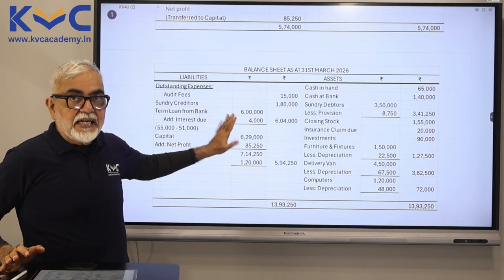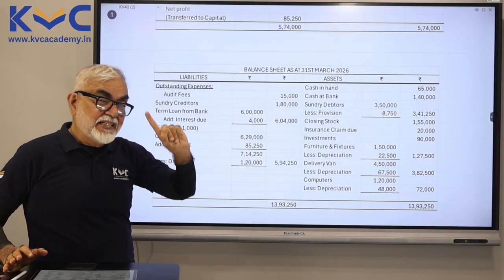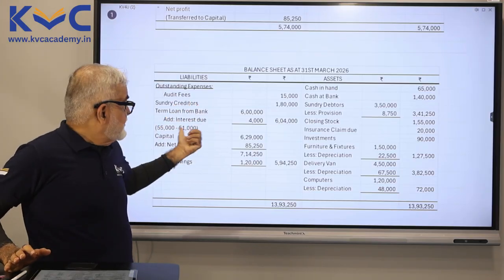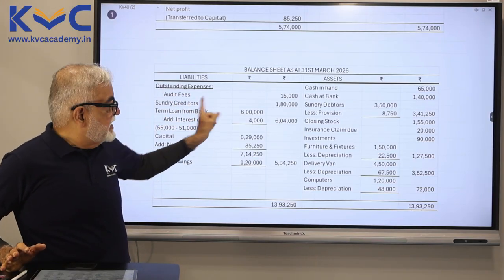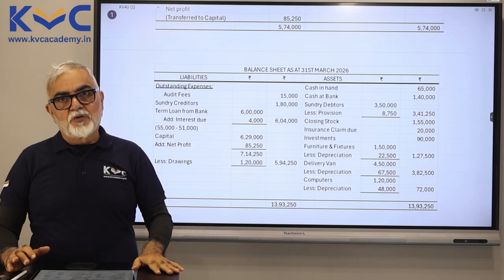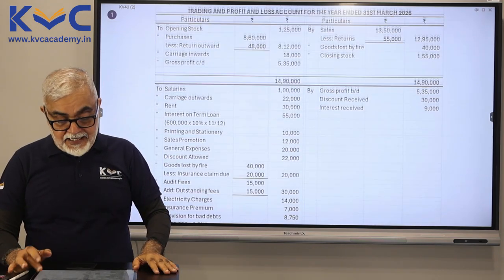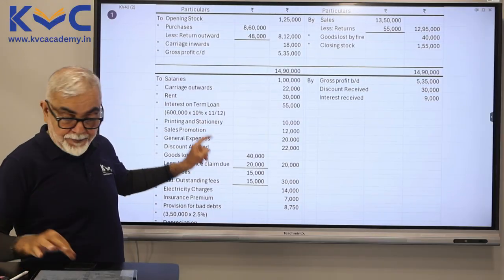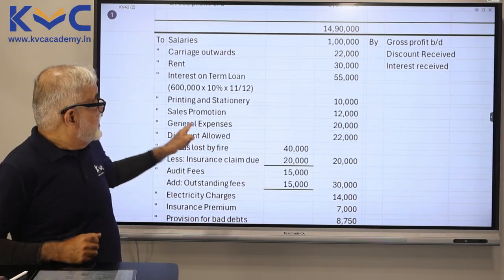How? 6 lakh into 10% is 60,000 for the full year. For 11 months it is 55,000, but we have paid only 51,000. Therefore, 4,000 is outstanding. So to the P&L, you have to take 6,00,000 into 10% for 11 months.